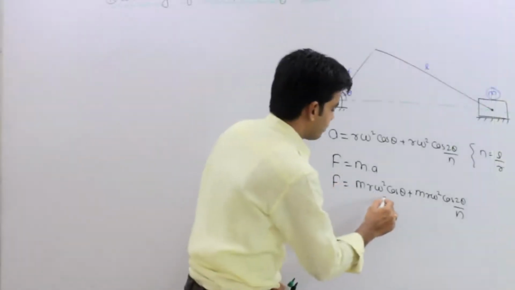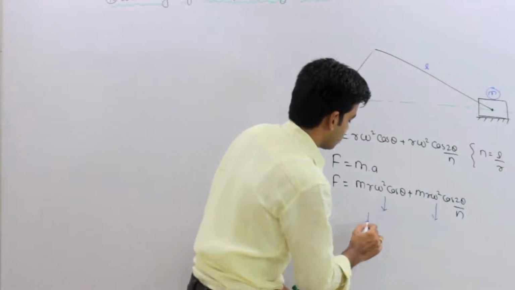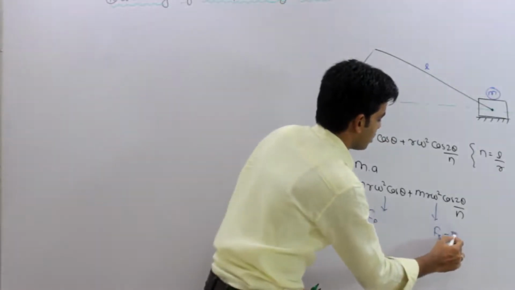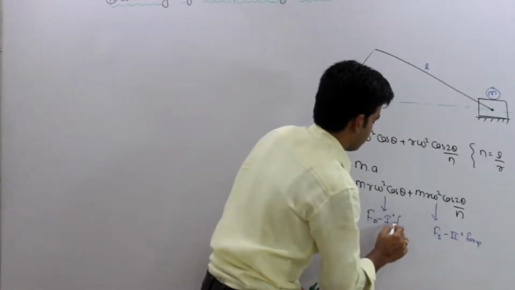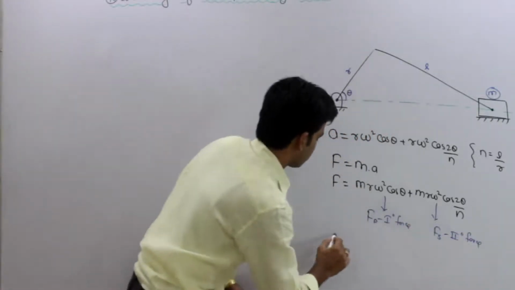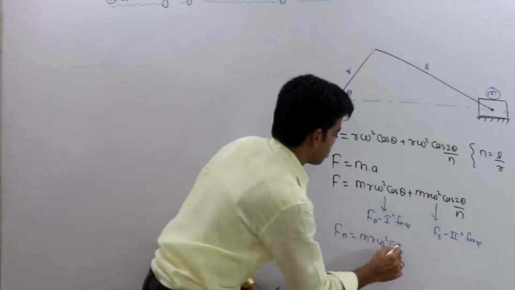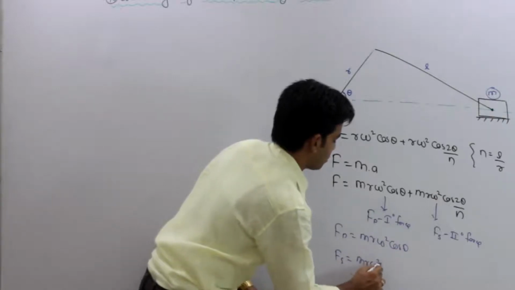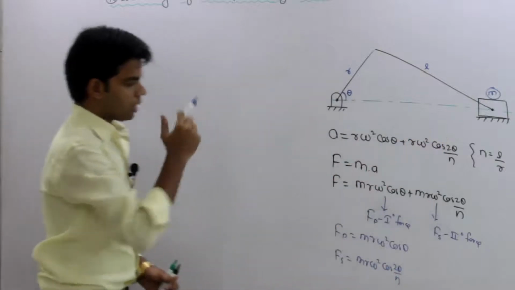As you can see, we have two components of force here. The first is called the primary force Fp, and the second is called the secondary force Fs. Primary force Fp is mr omega square cos theta. Secondary force Fs is mr omega square cos 2 theta by n. N, as I told you, is equal to L by r.